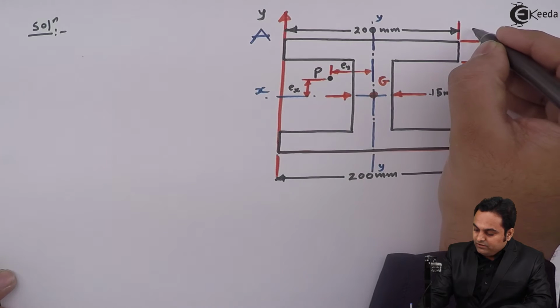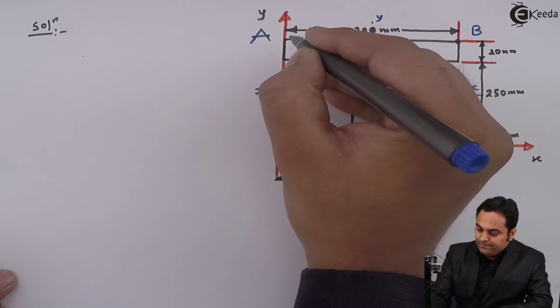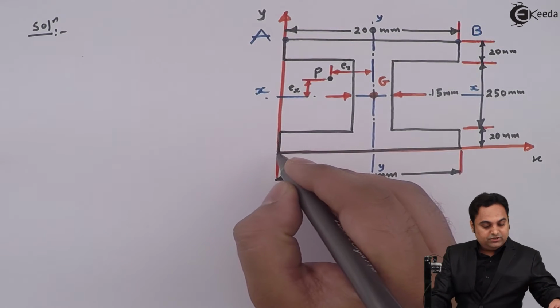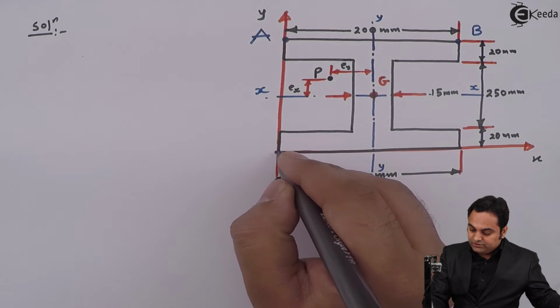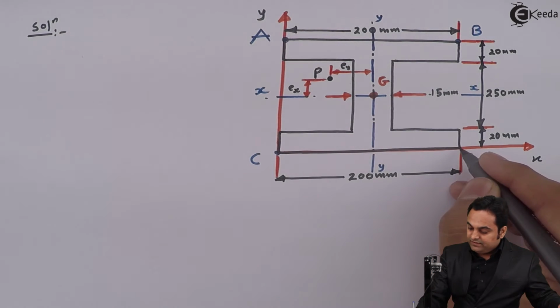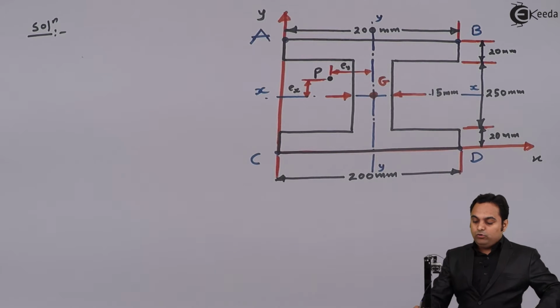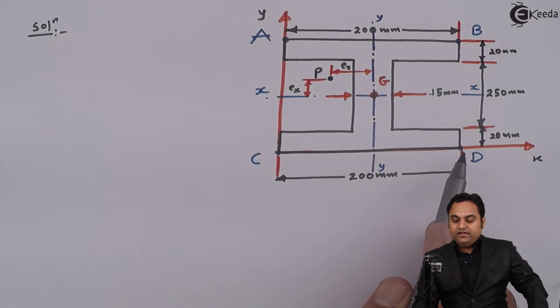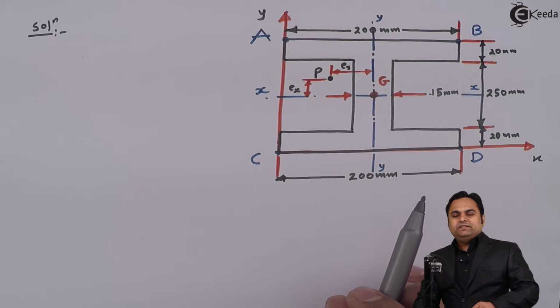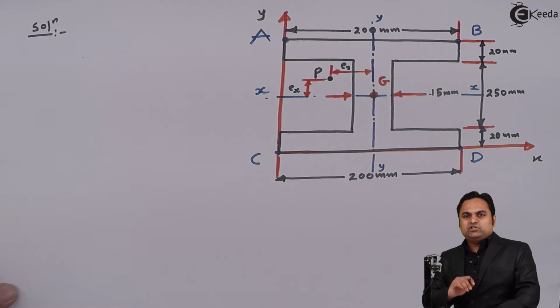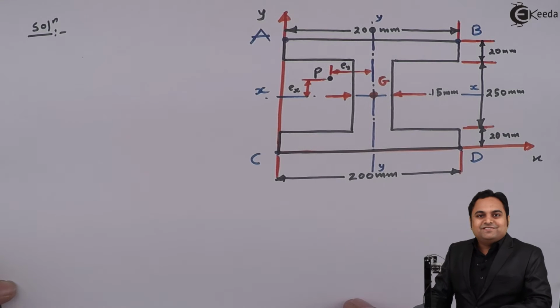Here we have A, this corner would be B, next here we have this corner as C, and here it is D. So we would be finding that out of A, B, C and D, at which point there is maximum stress and at which location it is minimum stress.